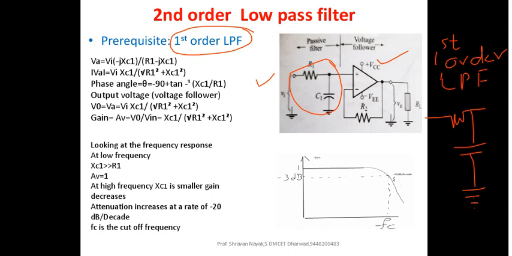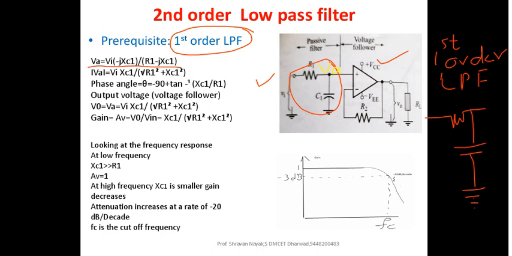Now, if you look at the voltage VA, of course VA is not mentioned here, that is the node voltage where you have the junction of R1 and C1, right? By the simple voltage division theorem, we have VA = Vi into (-jXC1) divided by (R1 - jXC1).